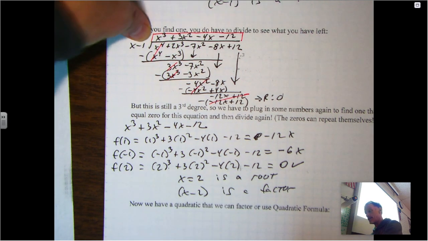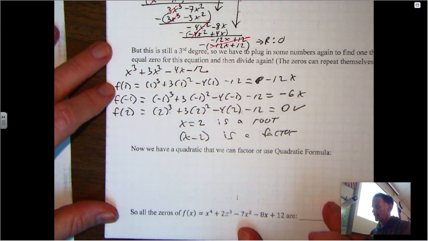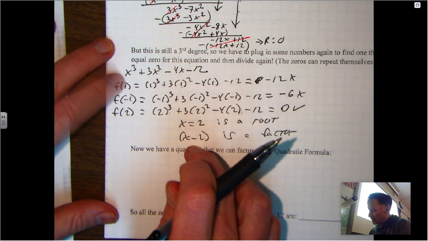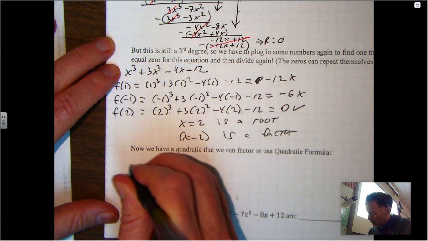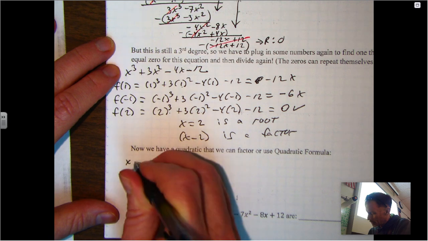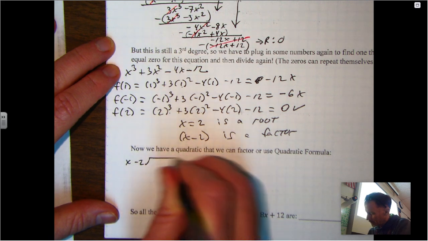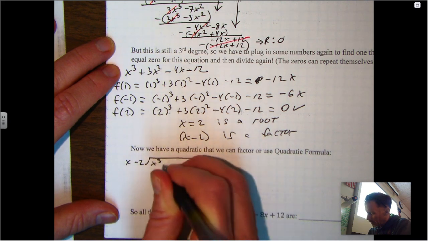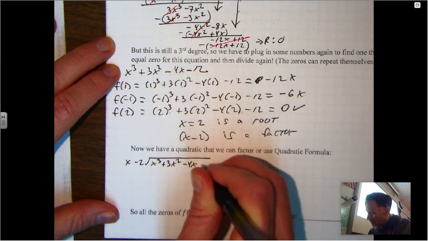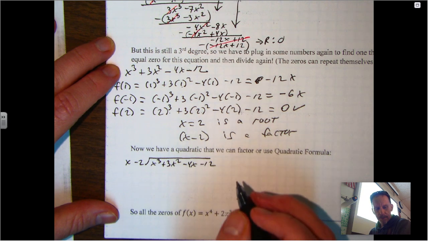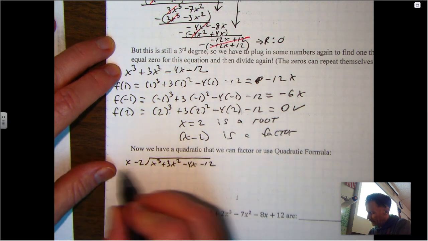Okay, now we have to divide again. So I'm going to take x minus 2, divide it into my reduced function, and do that one more time. So x minus 2, x to the third, 3x squared, minus 4x, minus 12.